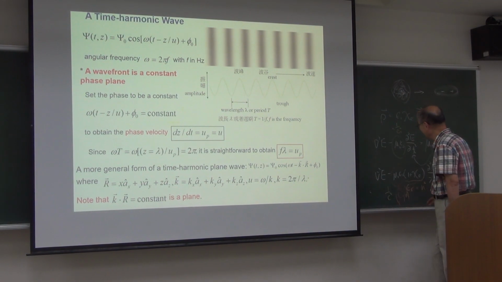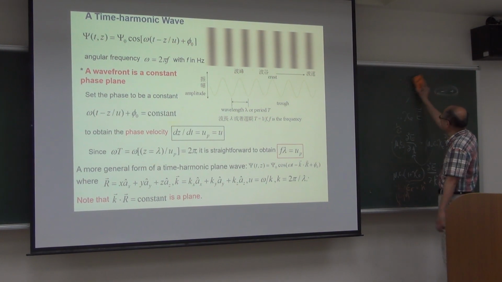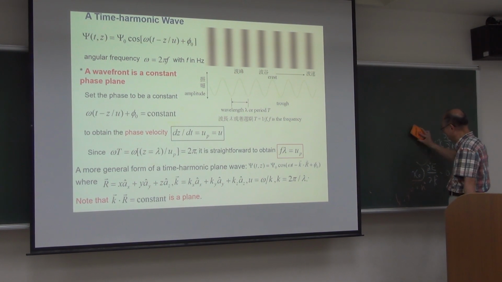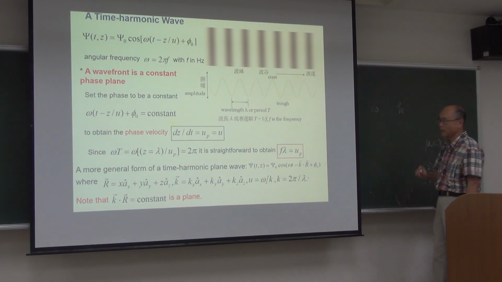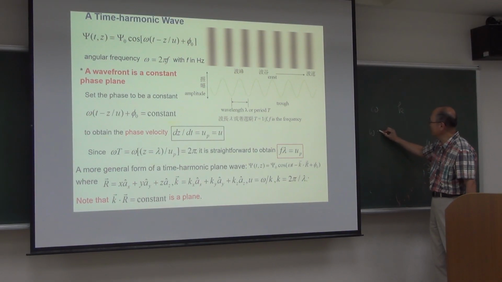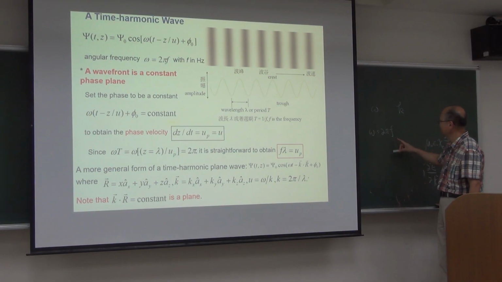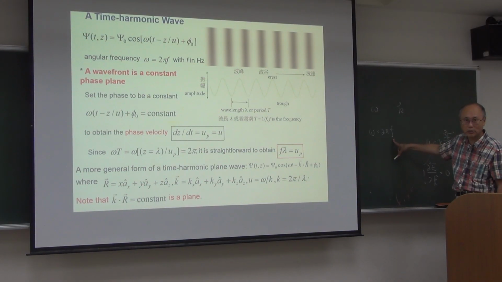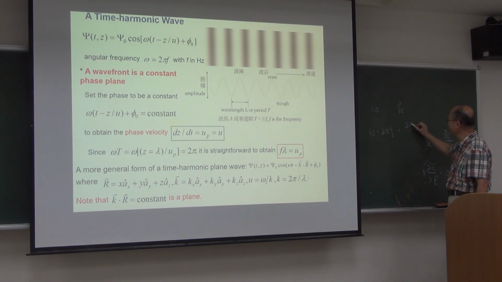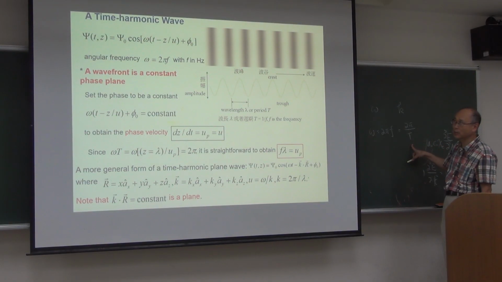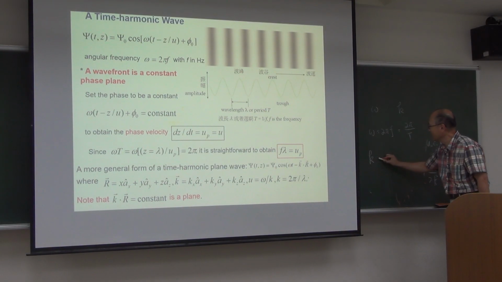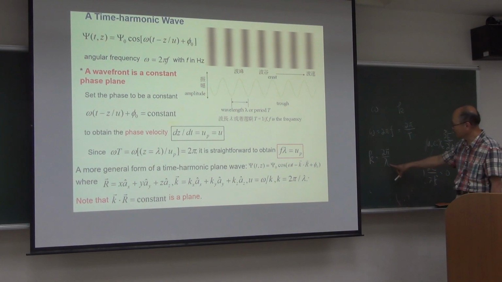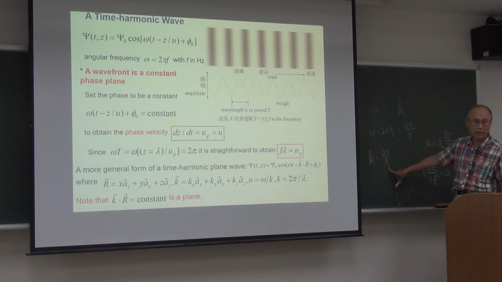Okay. So there are two important parameters you want to remember for a wave. You have the angular frequency, and you have the wave number. The angular frequency is equal to 2 pi times the frequency in hertz, and this is equal to 2 pi over the temporal period of this wave. And k is equal to 2 pi over the spatial period, and the spatial period is called the wavelength.